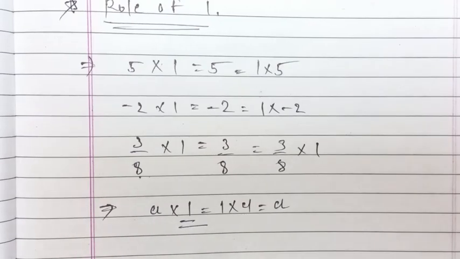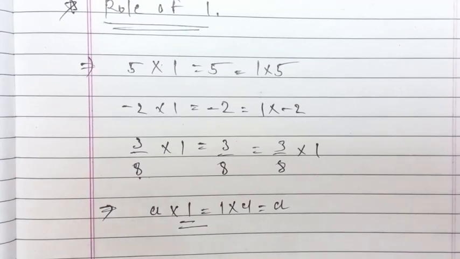One question arises: we know that 0 is the identity element for integers and whole numbers. Is 1 the multiplicative identity for integers and whole numbers too? Yes, 1 is the multiplicative identity for rational numbers, for integers and for whole numbers.